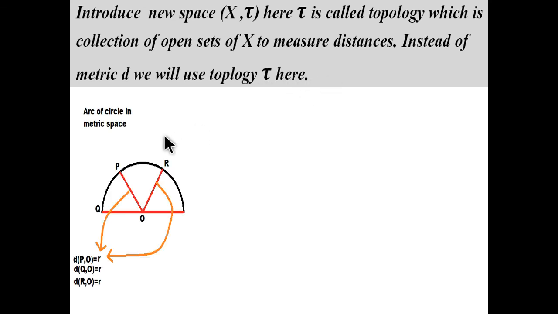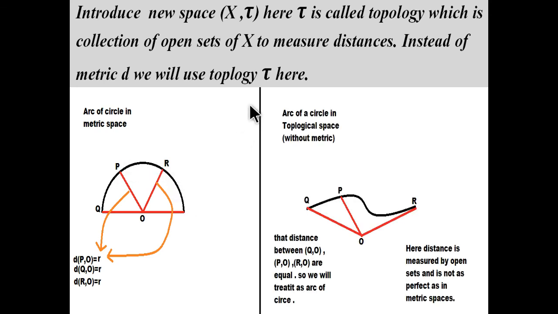Now look at the arc of a circle in a metric space. Because the distance of Q from point O, the distance of P from point O, and the distance of R from point O are equal, that is why this is an arc of a circle. But in topological space, this arc looks like that.